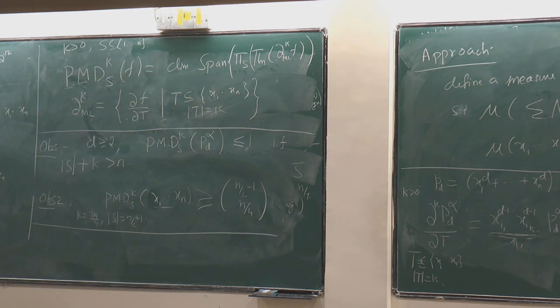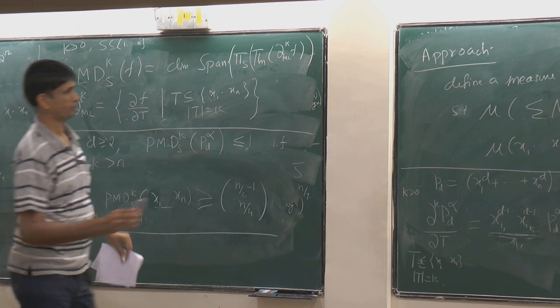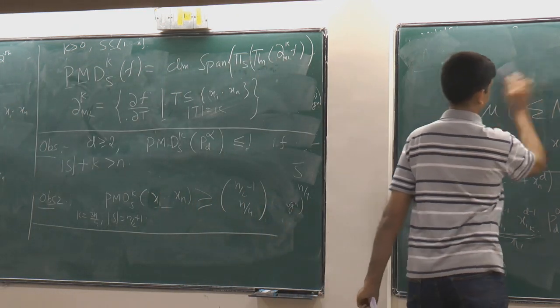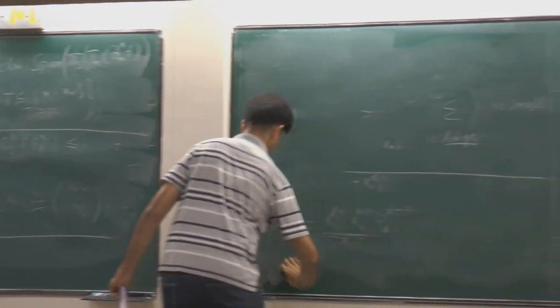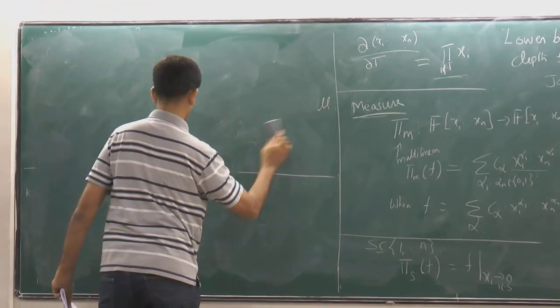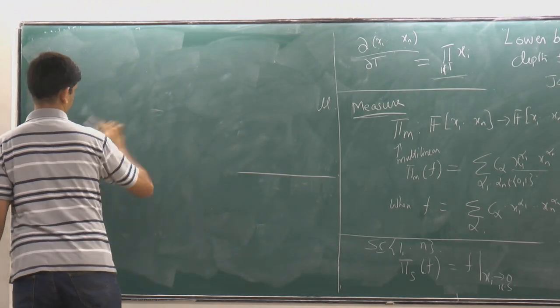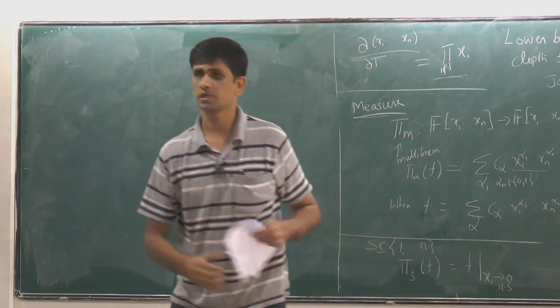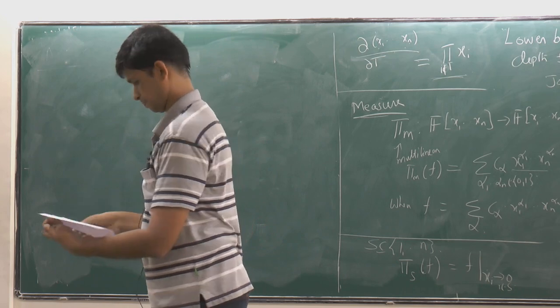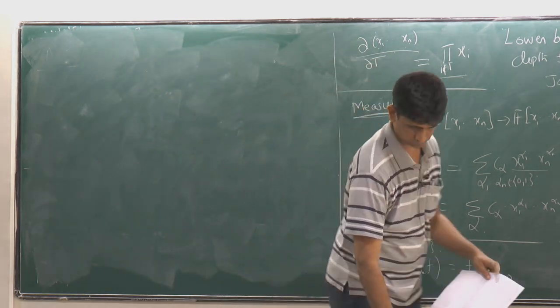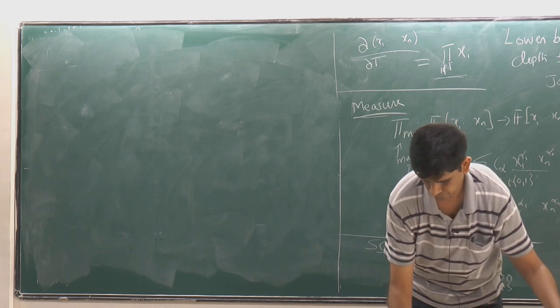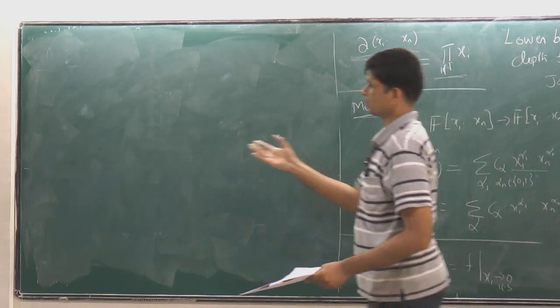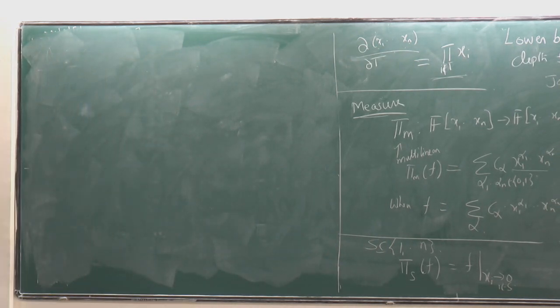So the derivative has so much dimension. Greater than 2, it can't even compute the monomial. So this is kind of not so interesting.